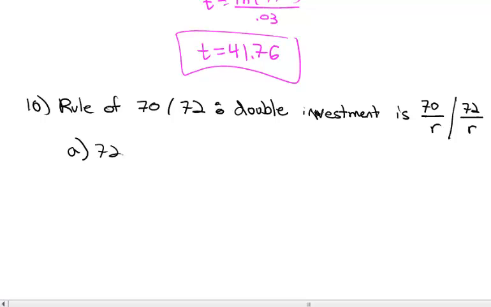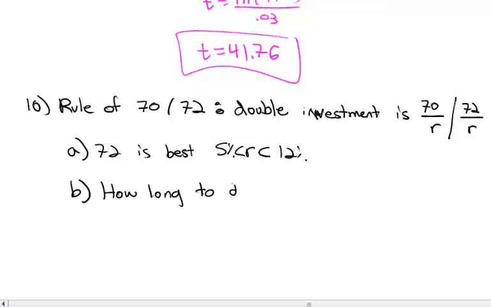Turns out that 72 is best when the interest rate is between 5% and 12%. Otherwise, we'll use 70. It also has to do with the number of compounds and whatnot. I'm not going to spend a lot of time on which is better. I just want you to be aware that if I wanted to know how long to double your money at, say, 8%, you could do that by, well, 8 is between 5 and 12, so let's use 72 divided by the 8%.